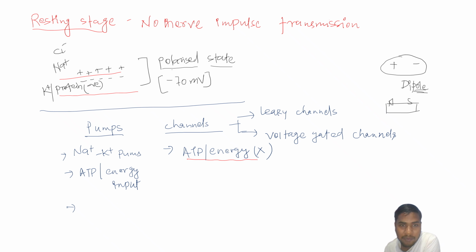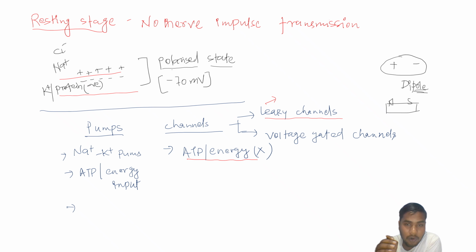Some of these channels, the leaky channels, continuously leak ions or charge where there is a gradient, like along the concentration, electrochemical gradient. It may leak outside and it may leak from outside to inside where there is more electrochemical gradient.